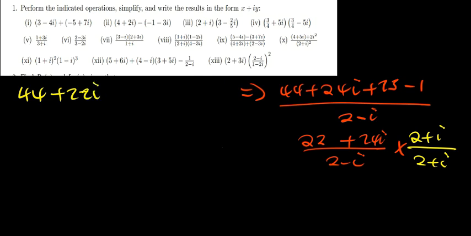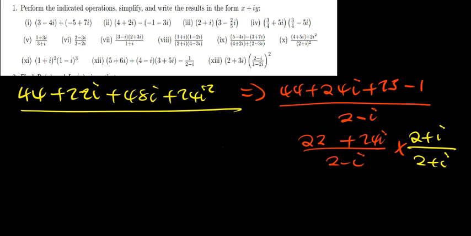Then 24i times 2 is 48i. 24i times i is 24i squared. I'm multiplying by its conjugate, squaring the one having negative.